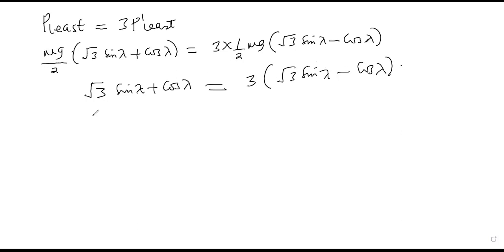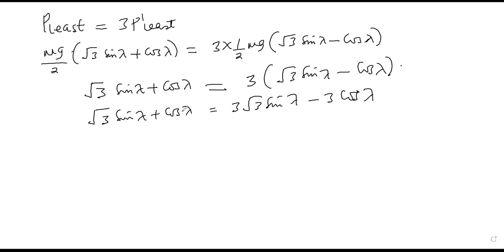Expand the bracket here, so we shall have root 3 sine lambda plus cos lambda is equal to 3 root 3 sine lambda minus 3 cos lambda. When you bring it this side, it will be 4 cos lambda is equal to 3 root 3 sine lambda minus root 3 sine lambda. So we shall be left with the 2 root 3 sine lambda.